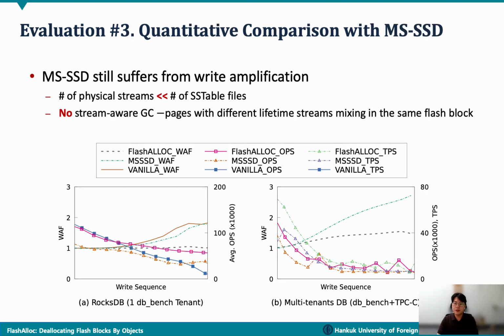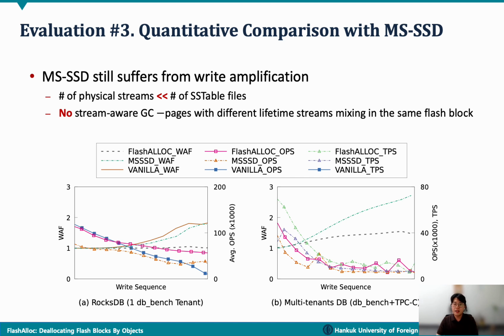Lastly, we also conducted a comparison with the multi-stream SSD. For this, we prototyped the multi-stream SSD using the same Cosmos Plus OpenSSD, which supports 8 streams like commercial multi-stream SSDs. More importantly, when the number of SS table files exceeds the total number of stream IDs, each stream has to be shared by multiple SS tables with varying write times.